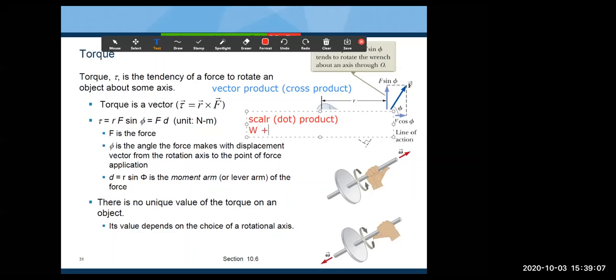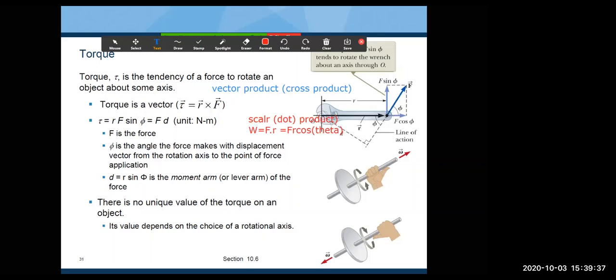Work done is equal to F dot r. In the case of a dot product, it is equal to F times r times cosine theta. The outcome of the dot product is a scalar quantity. Work done is a scalar quantity.